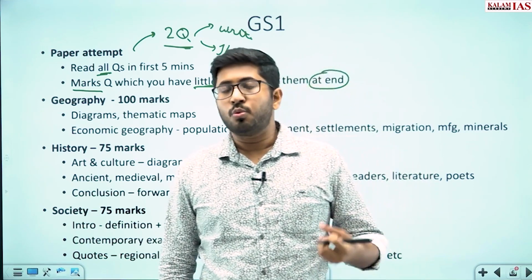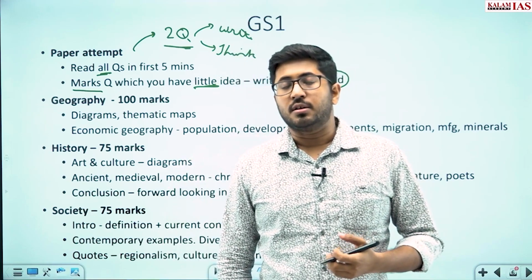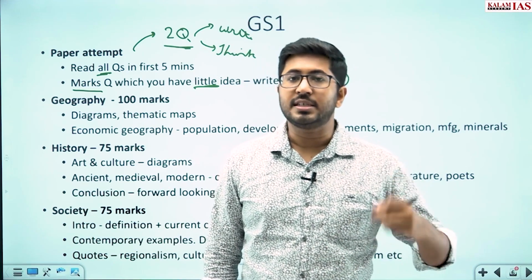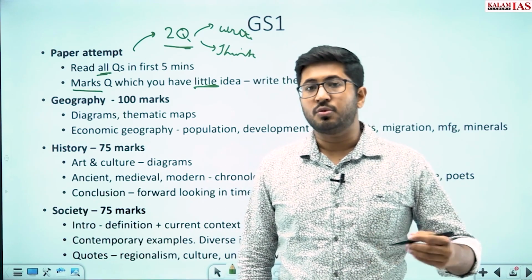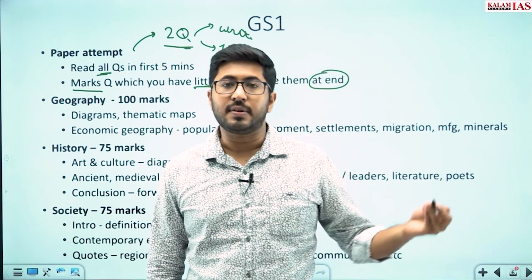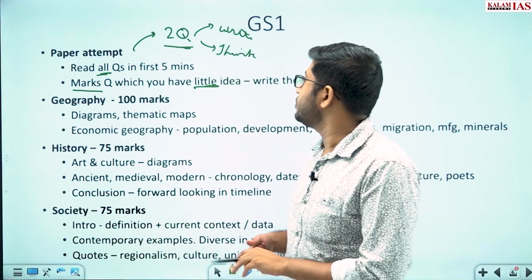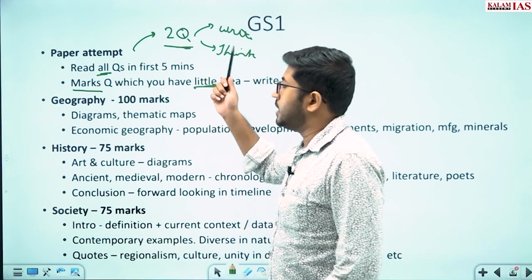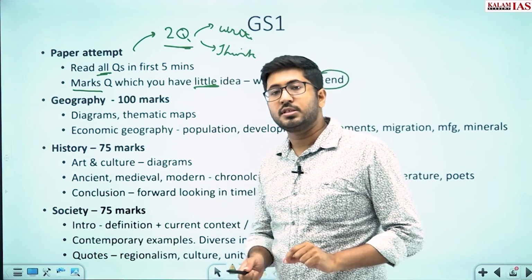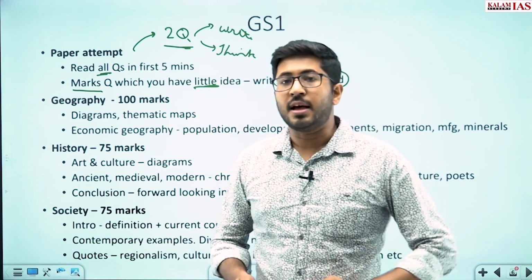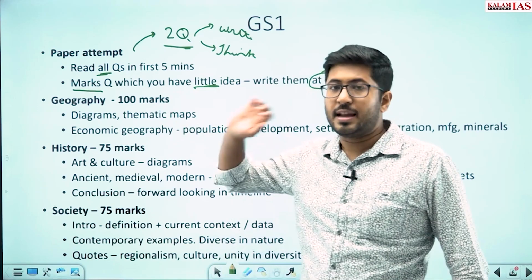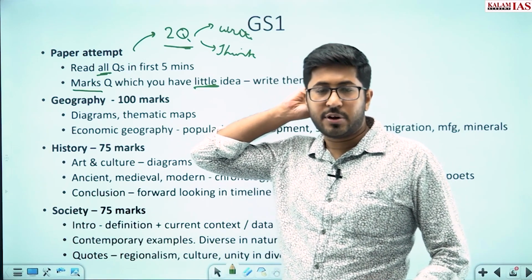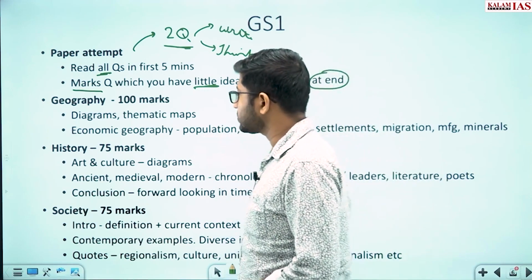So it is up to you what you are comfortable with. If you can read all 20 questions, decide there and then which questions you are going to write at the end, and if you are scared of creating some kind of negative mindset, then you can just read the first 2 questions, jot down the points, and then as soon as you receive the answer copy, you can start writing these 2 questions nicely. So whatever is comfortable with you, you can do.